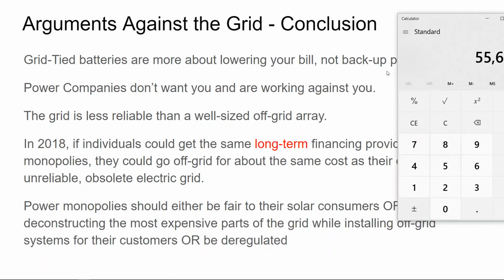Actually, right now, there are companies providing not bank loans for this stuff, but unconventional loans at 0.5% above what you would get at a bank for a home improvement loan for 20 years. So the private financing is picking up a notch.